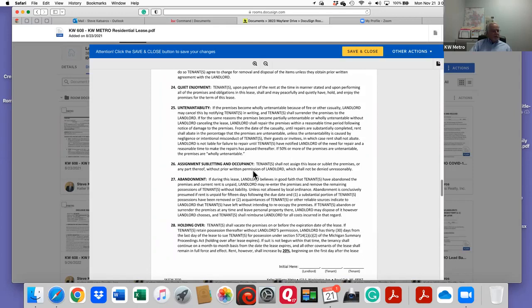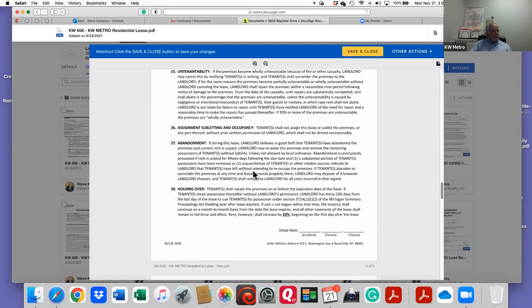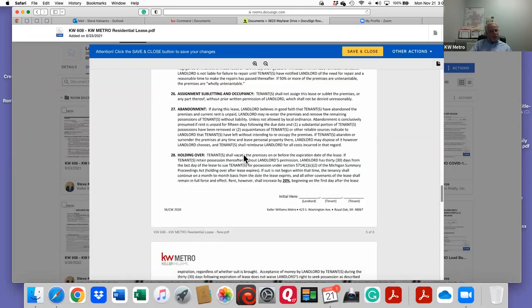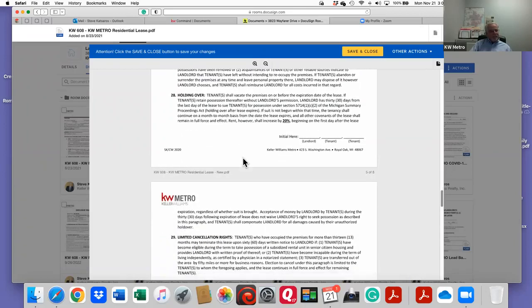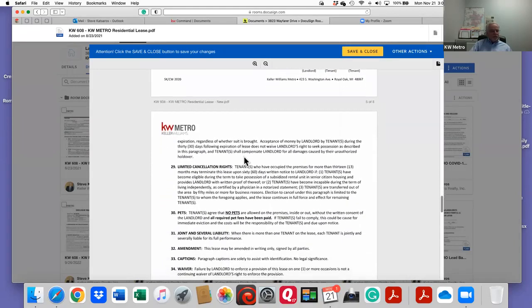And here, let me speed through this. Abandonment. So tenant takes off. Landlord has a right to secure his property and re-rent it. Good rule of thumb from the landlord's perspective is, listen, once somebody's out, they owed you money and they didn't tell you they were moving out.